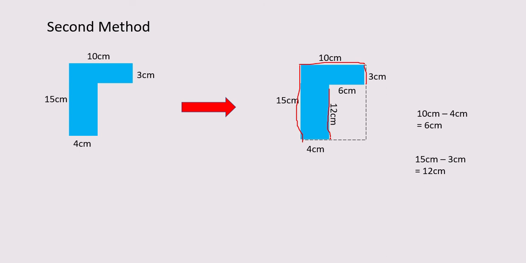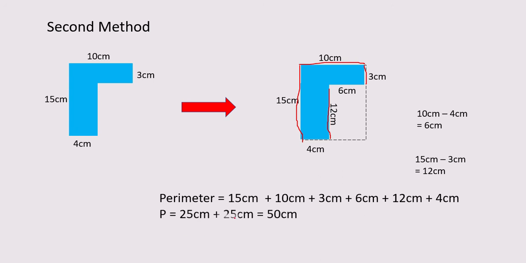So to get our perimeter is to add all the sides together, which is 15 centimeter plus 10 centimeter plus 3 centimeter plus 6 centimeter plus 12 centimeter and plus 4 centimeter is the total size of this shape. 15 plus 10 centimeter, which is 25 centimeter, and 3 plus 6 plus 12 plus 4 is 25 centimeter. 25 centimeter plus 25 centimeter is 50 centimeter.